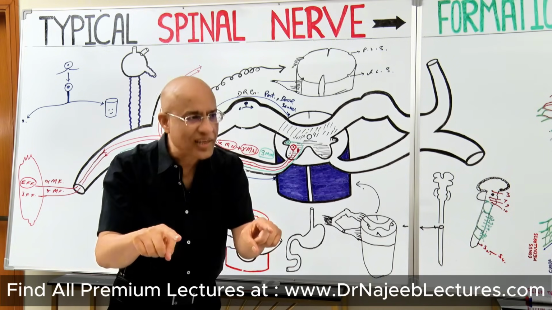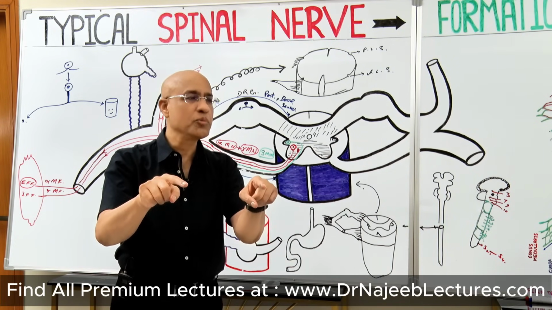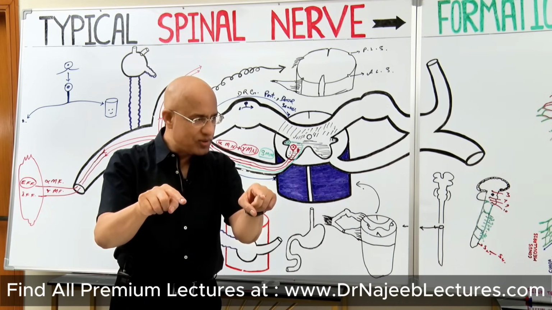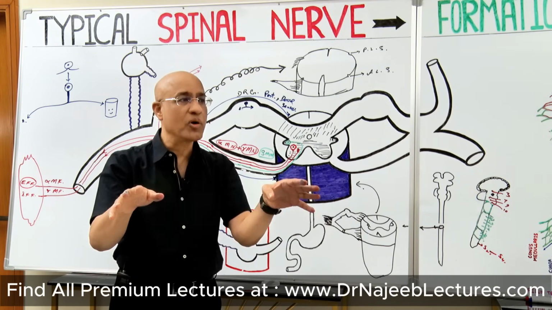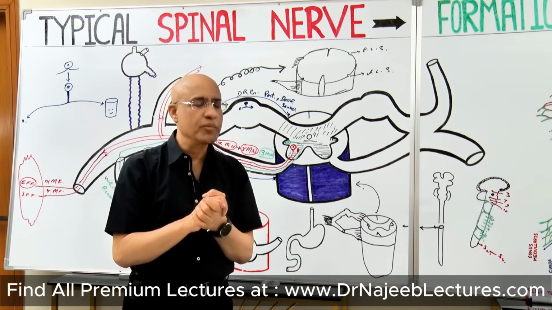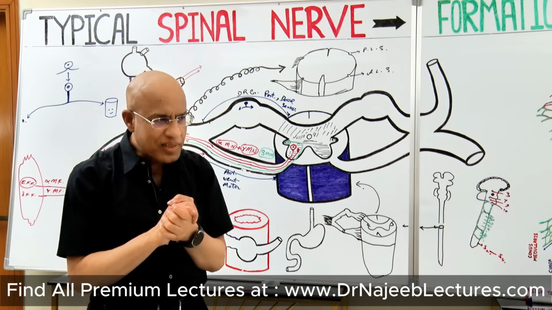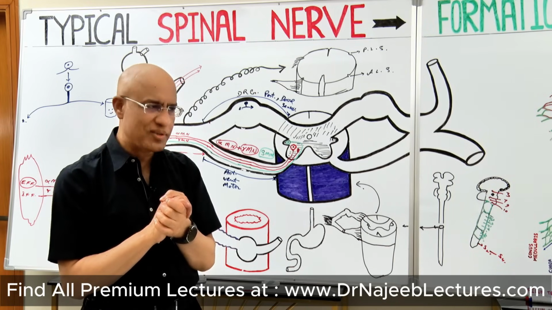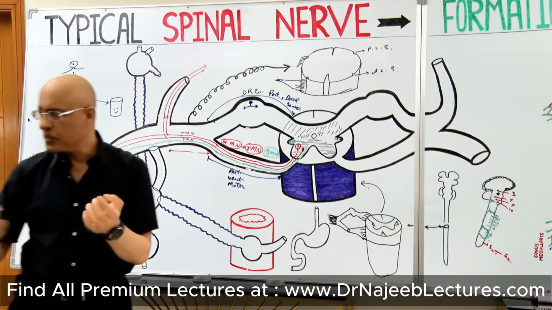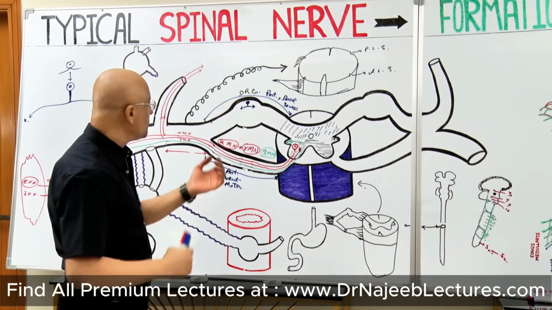Some of these neural crest cells make pseudo-unipolar neurons, and some spread in the body and participate in making sympathetic ganglia, parasympathetic ganglia, and many other cells which I will not discuss right now, so that you don't drive me into some other area of medical science.